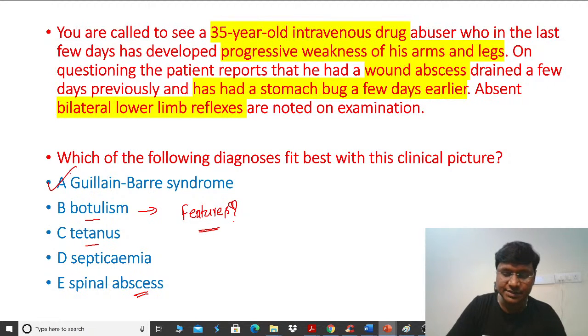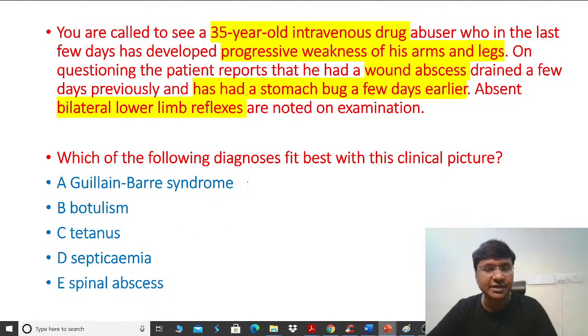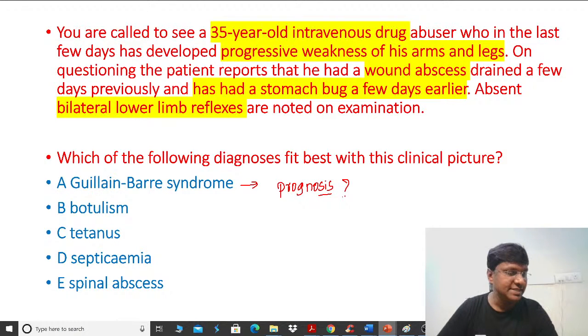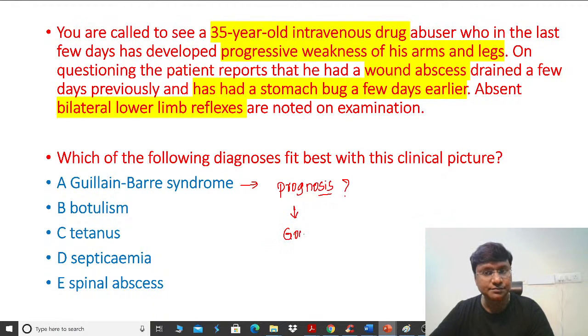Next, how is the prognosis in patients with Guillain-Barré syndrome? Is it a good or bad prognosis? Let me tell you, patients with Guillain-Barré syndrome have a very good prognosis.